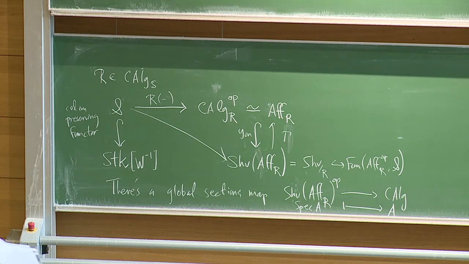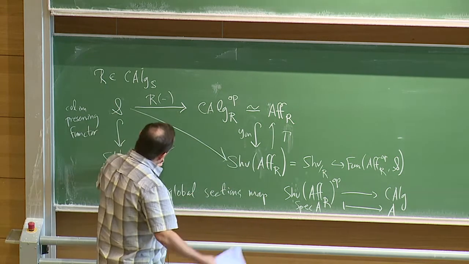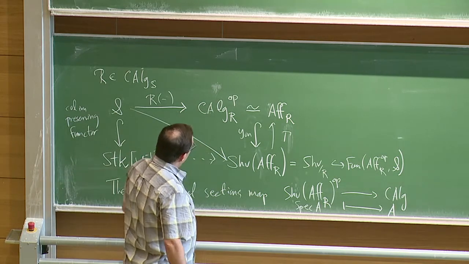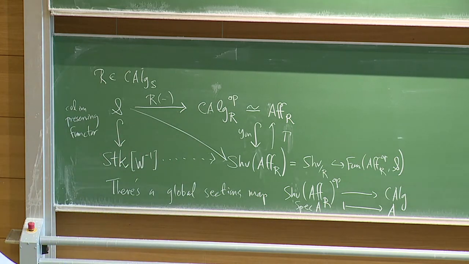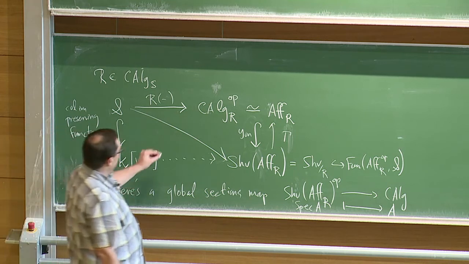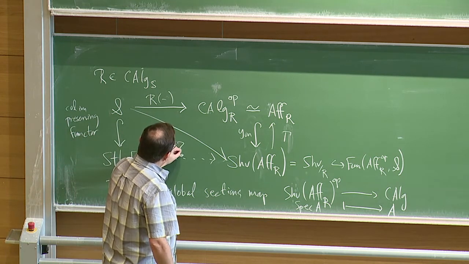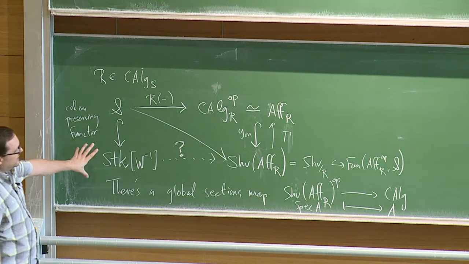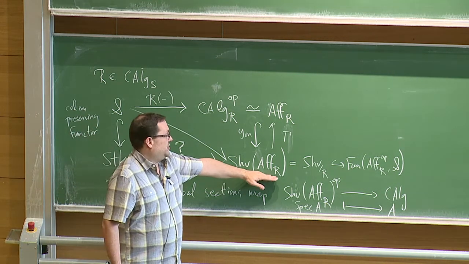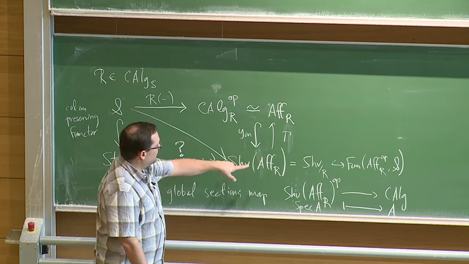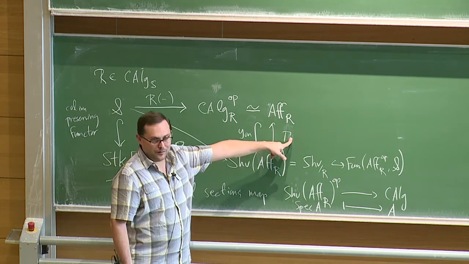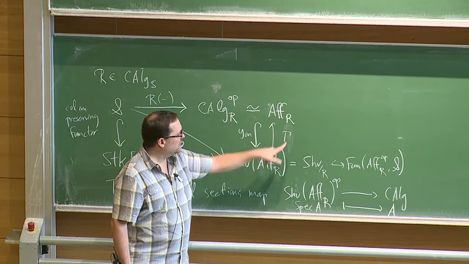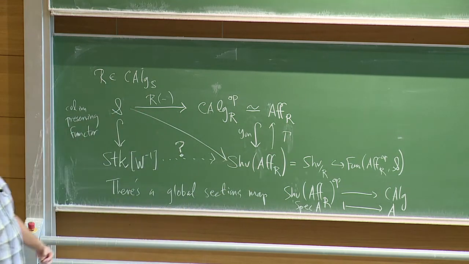And now what I've claimed that I can do for K-theory is actually find a functor here, which is going to take some stack and give me some sheaf whose associated cohomology I'll obtain by taking the global sections of that sheaf.